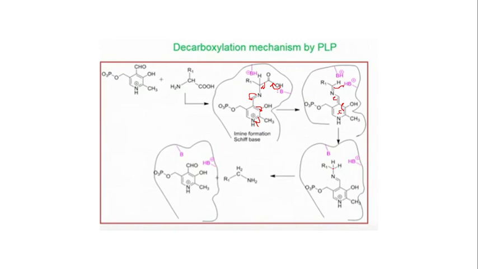So now you have this sp3 carbon with the two protons. Then you have a hydrolysis from here. So this is a decarboxylation mechanism facilitated by PLP.